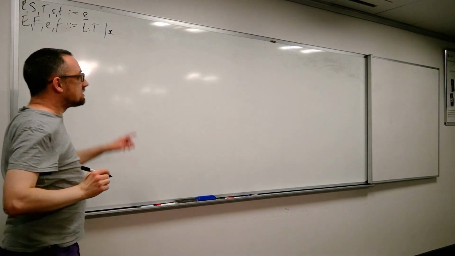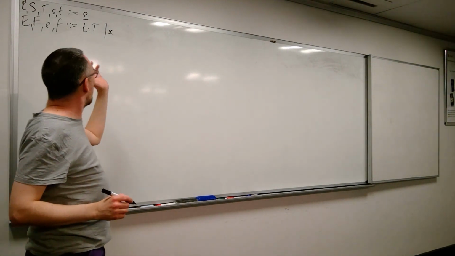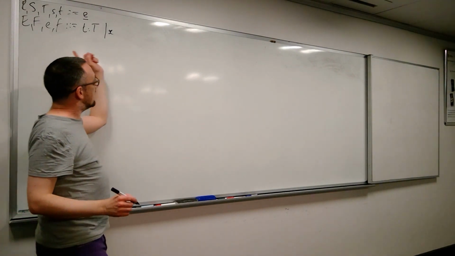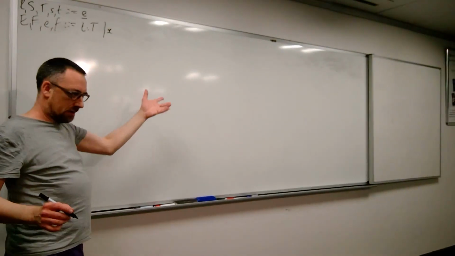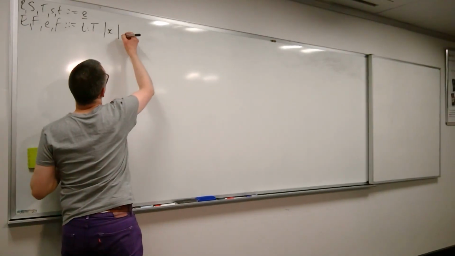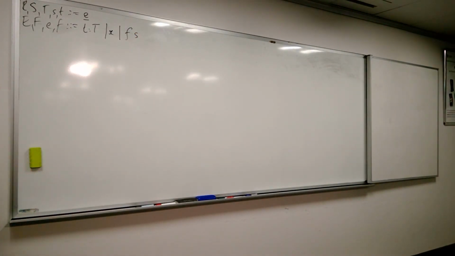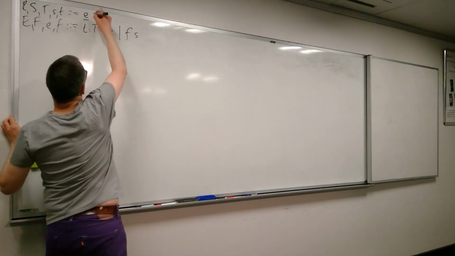The variables, which should have types explained somewhere in a context, are definitely synthesizable. And generally speaking, the elimination forms go here, which is why I call them eliminations. So in particular, function applications go here. And then all the introduction forms live at the top.